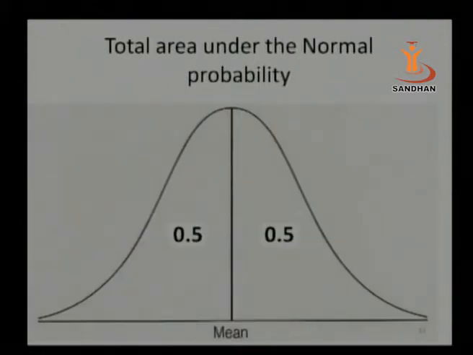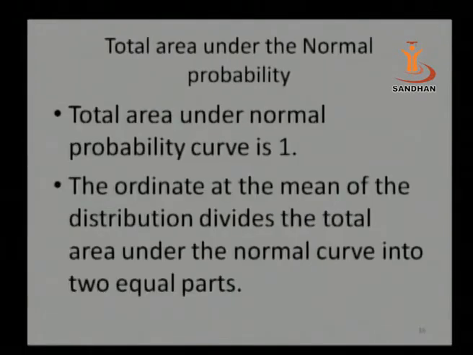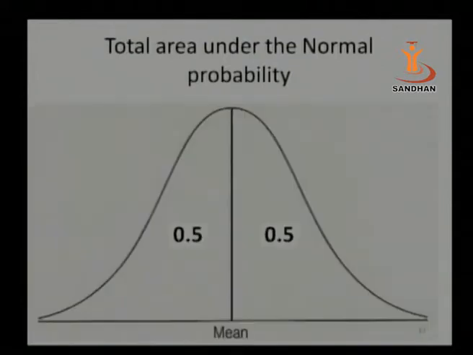Here, from the ordinate of the mean, the total area is divided into two identical parts, or you can say it generates a mirror image from the mean. So, if the total area under the normal probability curve is 1, each separated area from the mean will have probability 0.5 each.